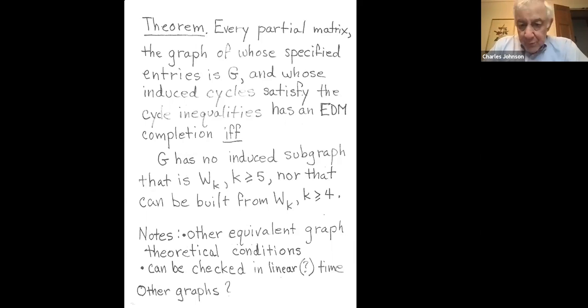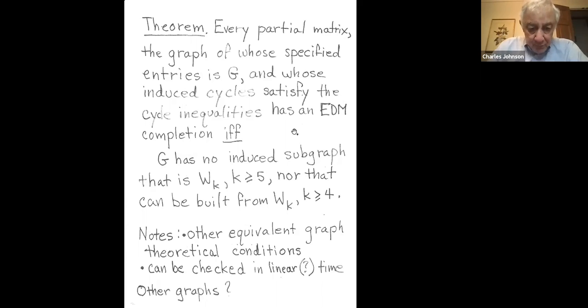G can have no induced subgraph that is W_k for k greater than or equal to 5, nor can it have a graph that can be built from W_k for k greater than or equal to 4. So I don't see wheels, I don't see big wheels, and I don't see things built from wheels on at least 4 vertices.